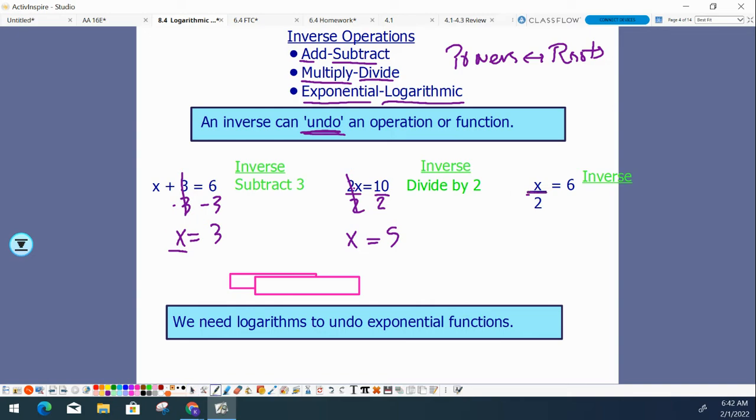We see that x is being divided by 2, so the inverse of divide is multiply. So I multiply both sides by 2 to undo divide by 2. X equals 12. So a big reason we need logarithms is to undo exponential functions. All right, so we're going to start with some basic stuff.